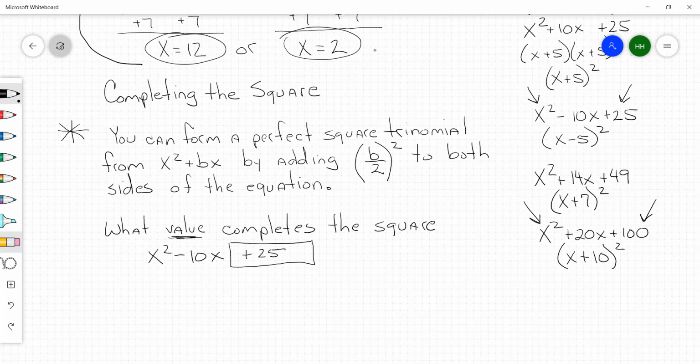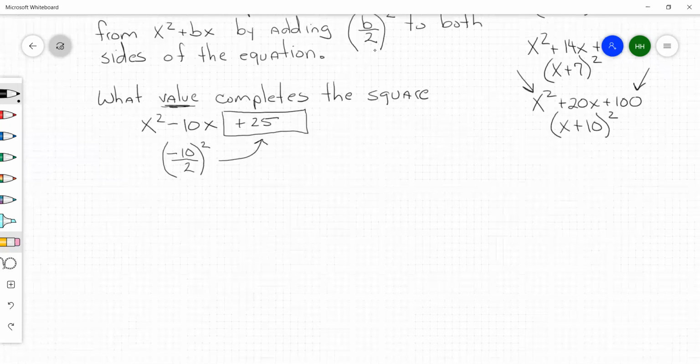It's the first technique in completing the square. You take half of what's in the middle, half of negative 10. You divide it by 2, you square it, and that's what goes there. Half of the middle squared.